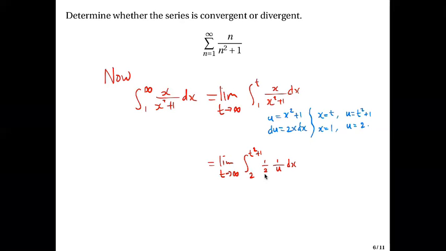So you have 1 half coming from the x dx, and then you have your 1 over x squared plus 1, which becomes 1 over u.